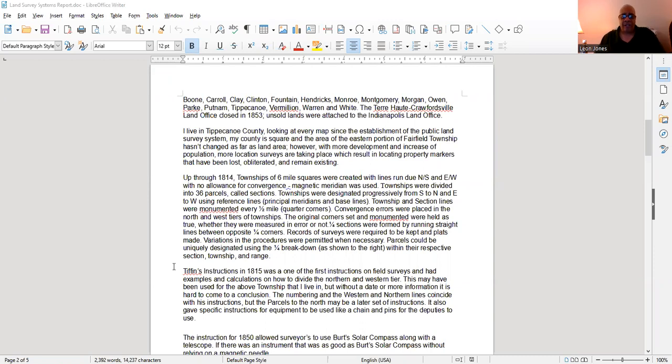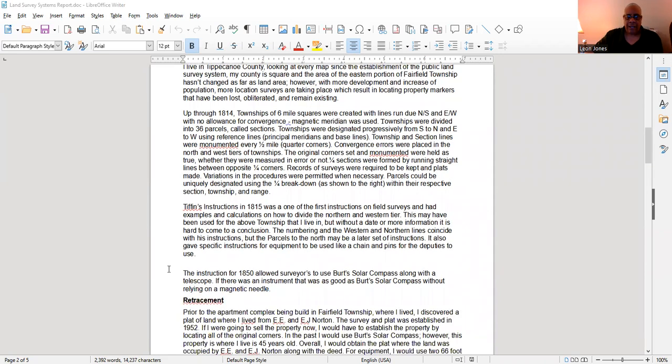They were placed in the north and west tiers of townships, and the original corners set and monuments were held as true. And then you had Tiffin's instructions, one of the first instructions on field surveys, and had examples and calculations on how to divide the northern and western tier.